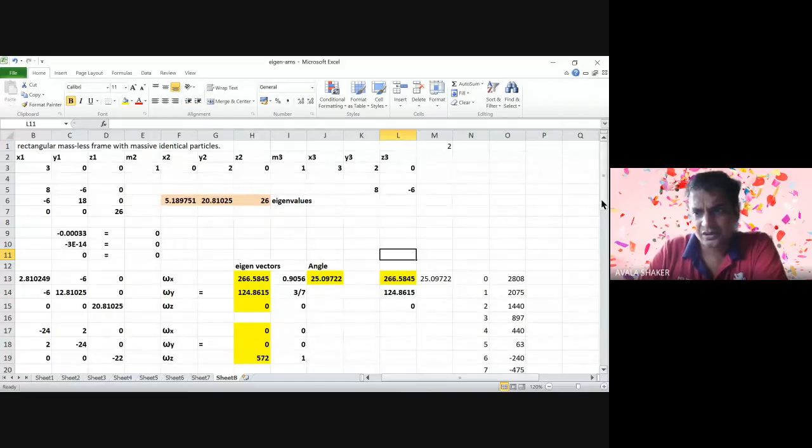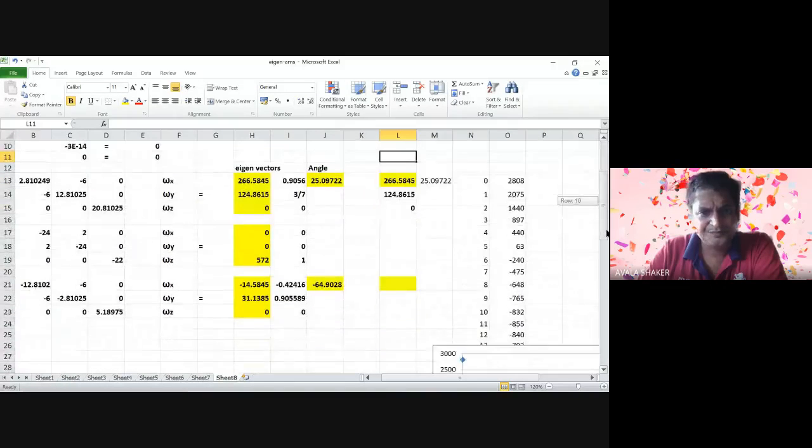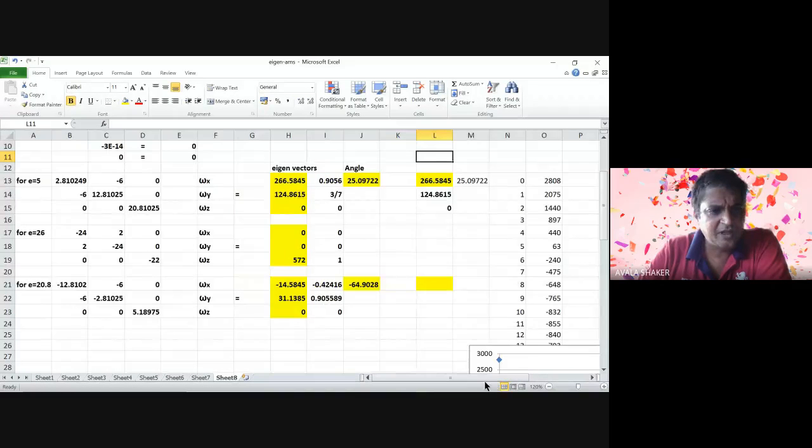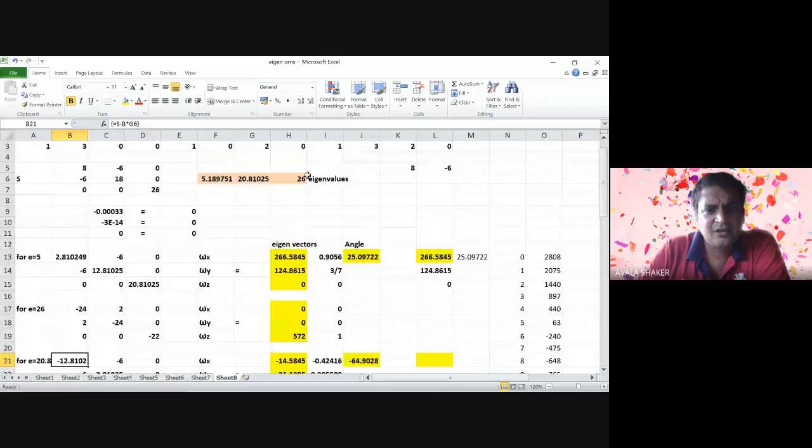So this is how you can get the angle. Now, what is the other value of lambda we have? So the eigenvectors we will calculate for the second eigenvalue. Same thing: instead of multiplying with the first eigenvalue, you multiply with the second one.